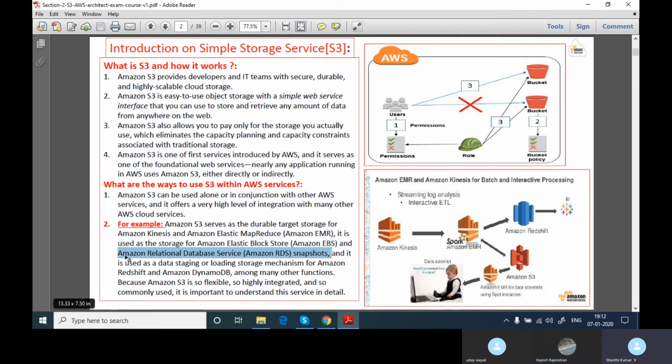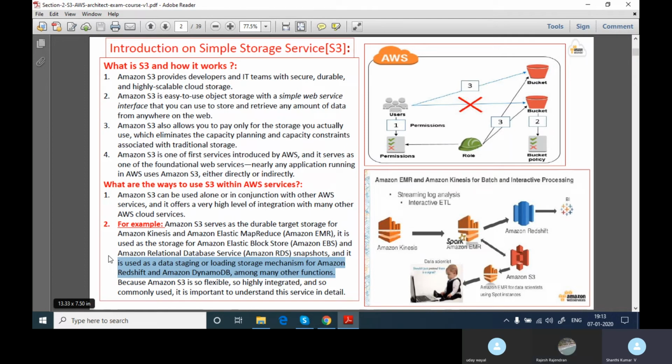And those snapshots can also be stored in S3. Snapshots are nothing but backups of the database. It is also used as a data staging or loading storage mechanism for Amazon Redshift and DynamoDB, among many other functions. So basically, any data you want to store, instead of storing in Elastic Block Store, you can use S3 itself.